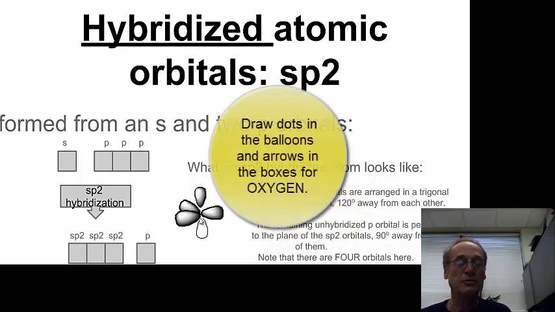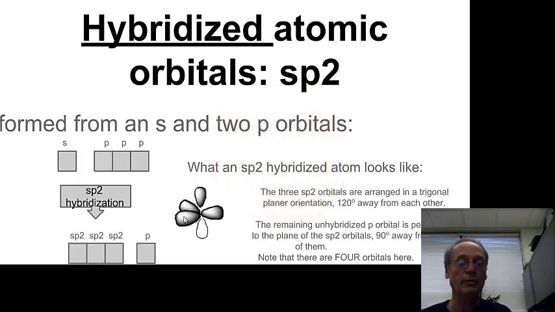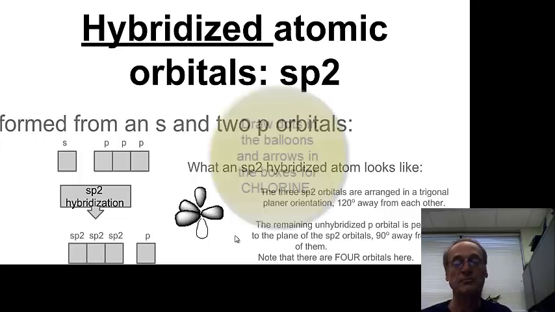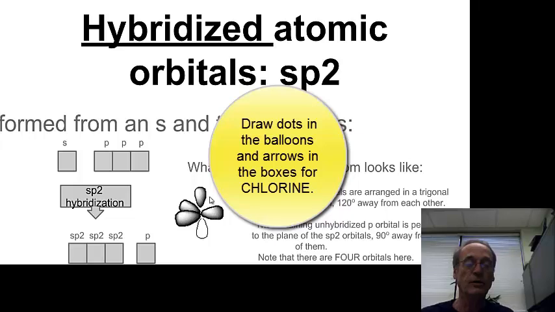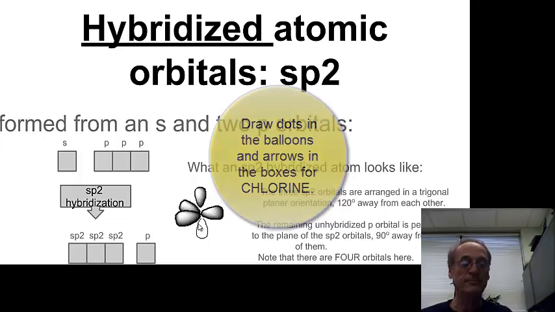If this were oxygen, there'd be 6 altogether. 1, 2, 3, 4, plus we'd pair up 2 of them in that orbital and 2 of them in that orbital. Or again, it doesn't matter where the pairs are as long as we have 2 with pairs, one with a single electron and another one with a single electron for oxygen. If it's a halogen, total of 7 electrons, we'd go 2, 4, 6, plus 1 in that one would be 7.